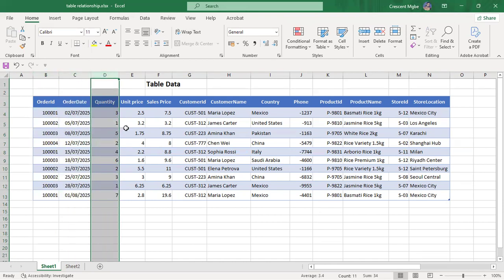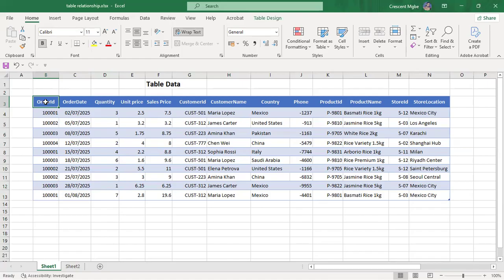Then the second rule of data integrity says that each table must be talking about one observation. A table must be talking about one observation. But this table here is not talking about one observation. It's talking about so many observations. You can see this is order date, order ID, the quantity that was ordered, right?